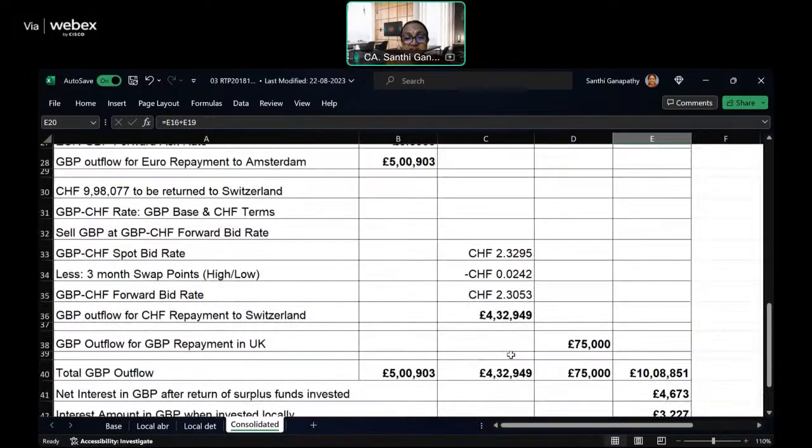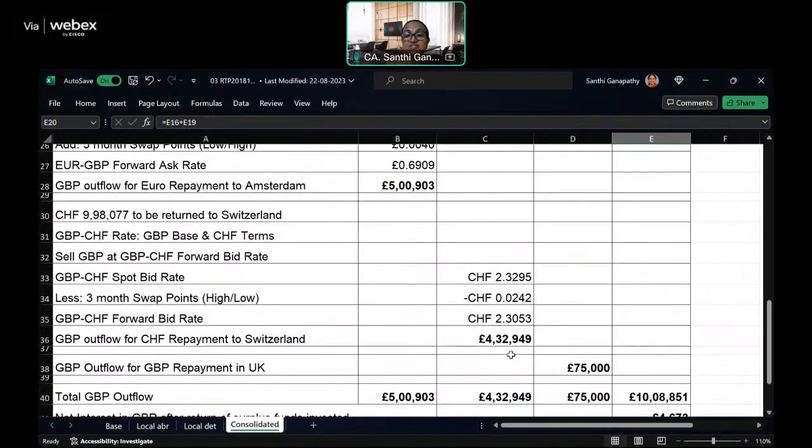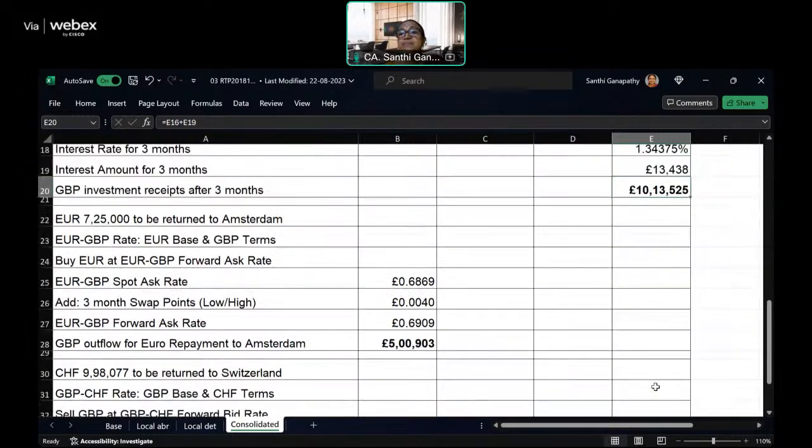As far as UK is concerned, it is already in GBP only, and you have to return in GBP. So what is the total GBP outflow to return the principal?